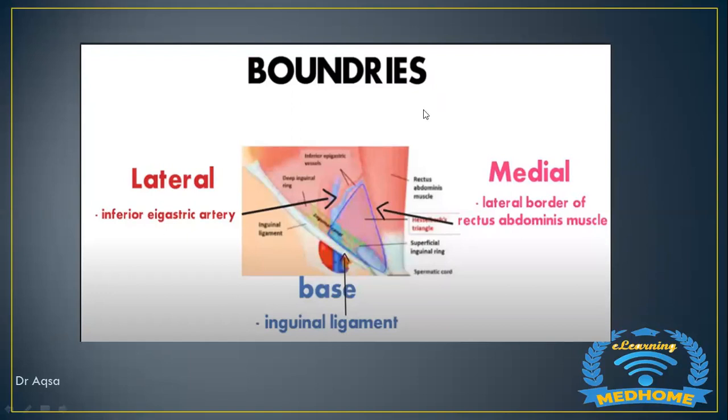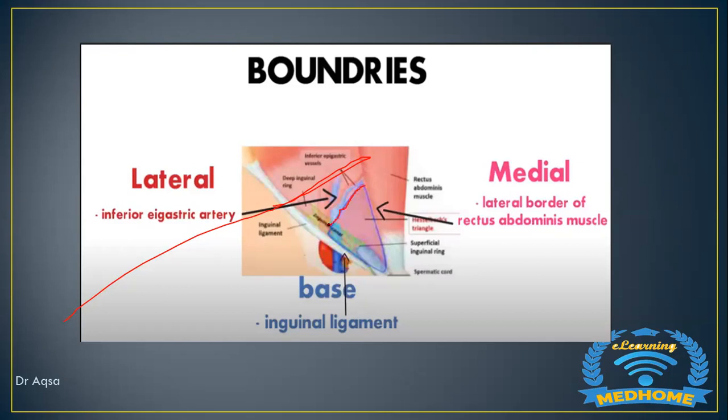Now, what are the boundaries of Hesselbach's triangle, or the medial inguinal triangle? In this diagram you can see very easily that laterally we have the inferior epigastric vessels, or the inferior epigastric artery.